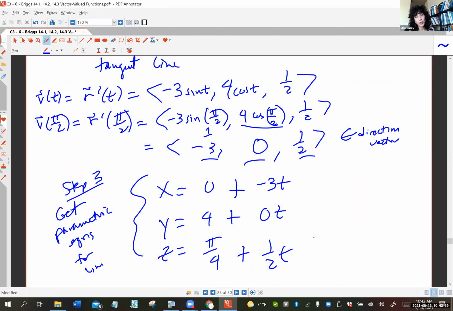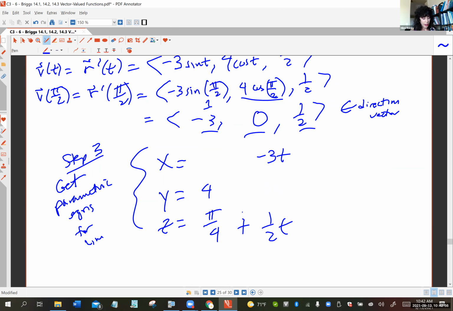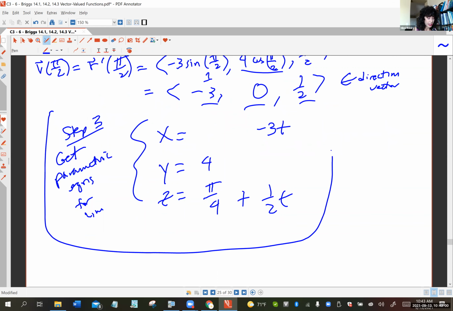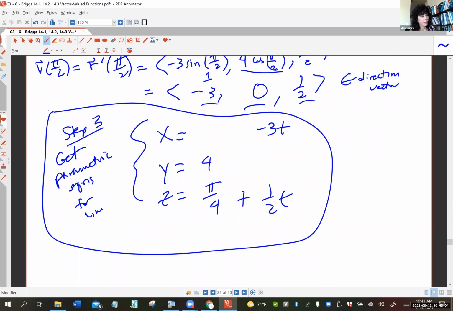A term of 0 you don't need to put in there. So x is simply negative 3t, y is simply 4, and z is pi fourths plus a half t. And this is your final answer for the problem.